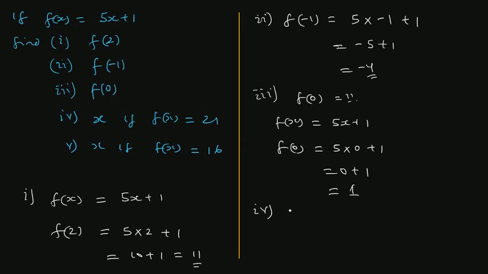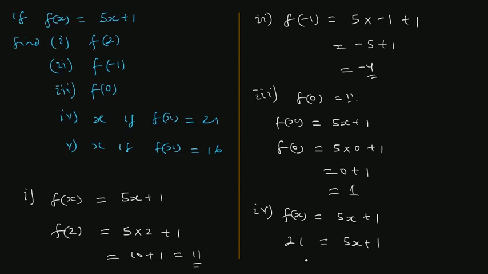For example, f(x) is equal to 5x plus 1. But now our f(x) is given as 21. If we're given f(x) as 21, we just substitute f(x) is 21. So on this side I've put 21. This remains 5x plus 1.